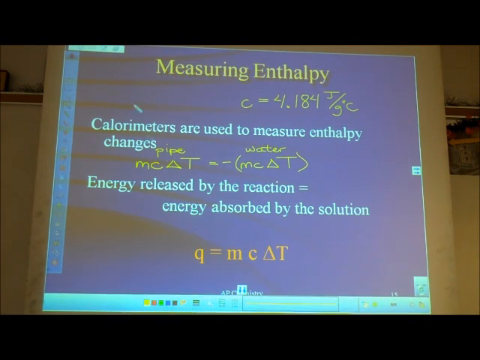Now, one last thing before I want you to try some of this on your own. If we're going to use this logic, your delta T, your change in temperature, must be final minus initial. What if that gives you a negative number? That's okay. Okay?